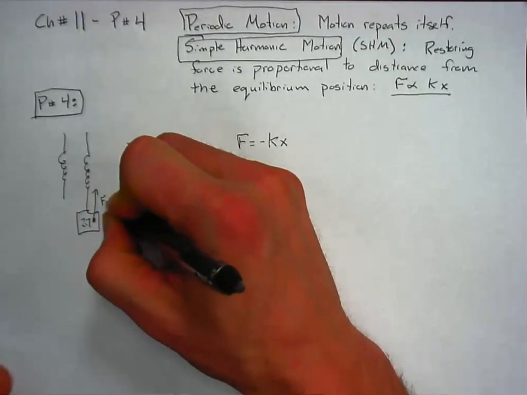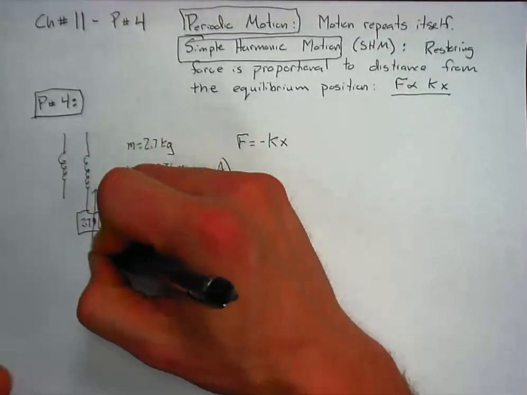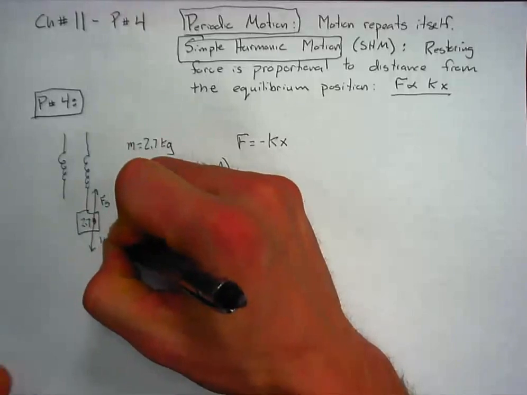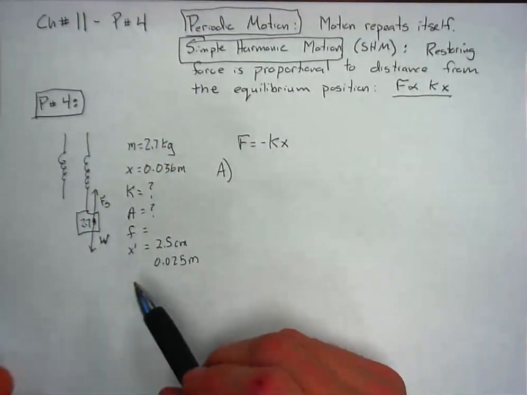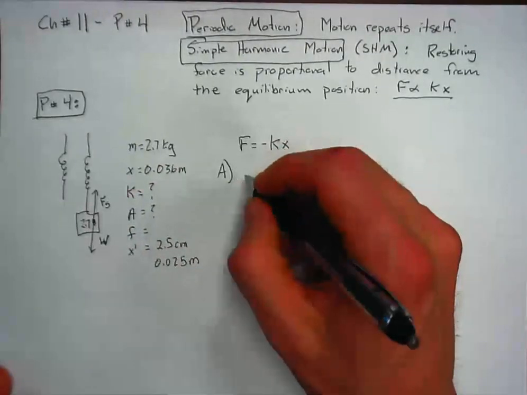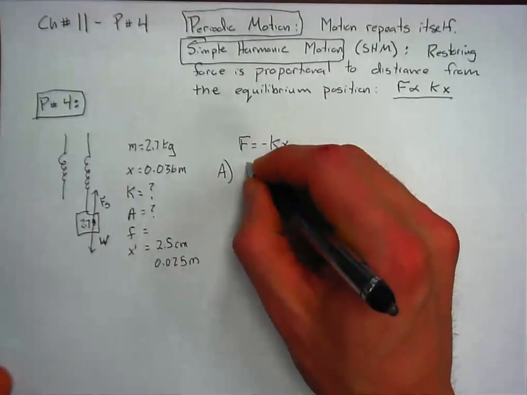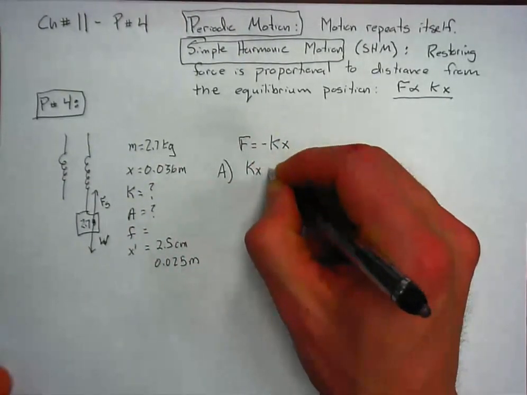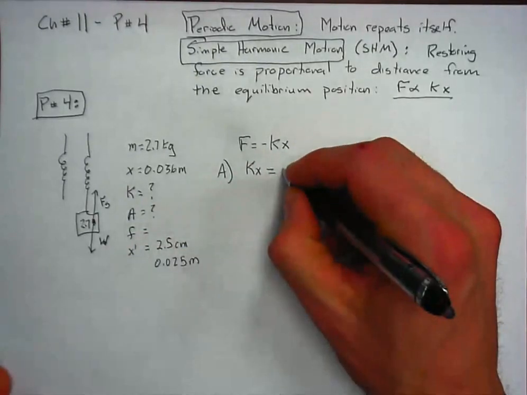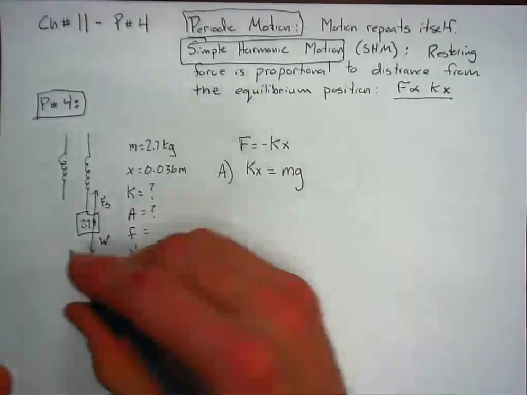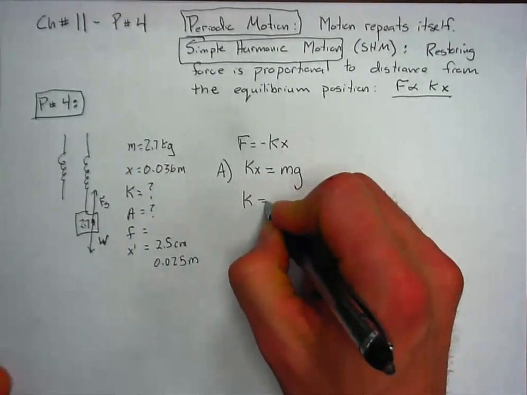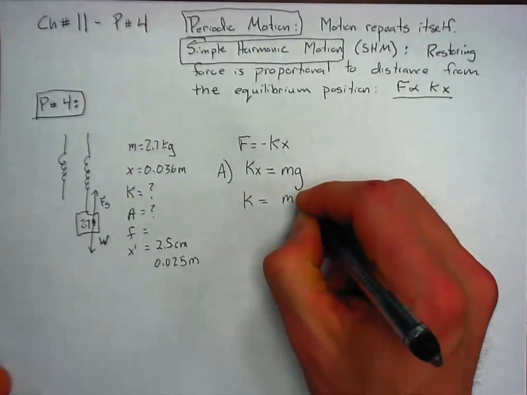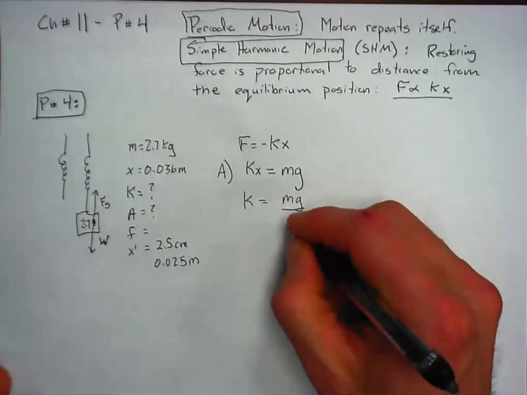Well, let's go back and do a little free body diagram here. We have the force of the spring and we have the weight here pulling down. So two forces that are equaling out. So the force of the spring would be kx, and that would have to equal the weight of this mass, so that would be mg. So if we wanted to solve for the spring constant, we would just do mg divided by x.